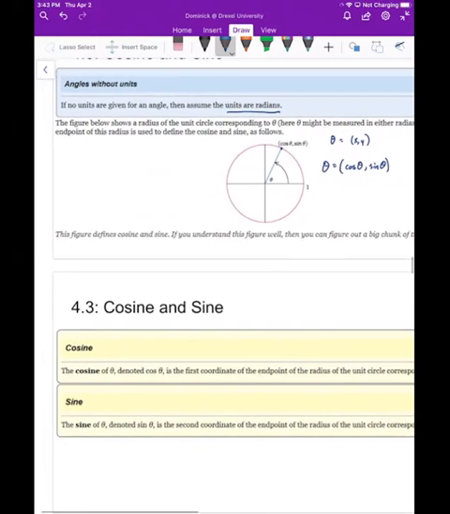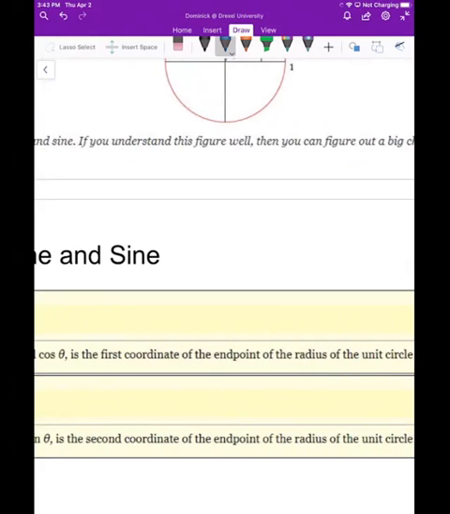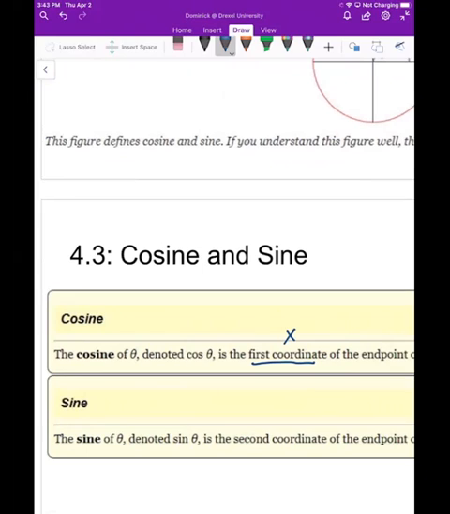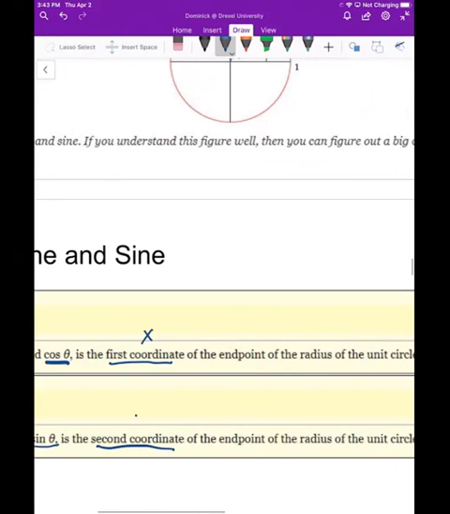Okay, so that's what these two definitions here are saying. If we're looking at the cosine of an angle, that means that we're looking at the first coordinate, which is the x coordinate, of the endpoint of the radius on the unit circle. And if we're looking at the sine of an angle, which is denoted with the three letters SIN, and cosine is COS, that's the second coordinate, which most of the time we associate with y.